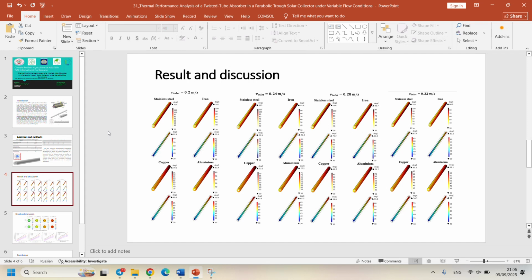However, the copper receiver tube showed the lower surface temperature variation, because copper has a better thermal conductivity compared to the other materials. That's why copper is transferring more heat to the heat transfer fluid. I mean that the heat transfer to the fluid in the copper receiver tube is relatively higher compared to the other materials.